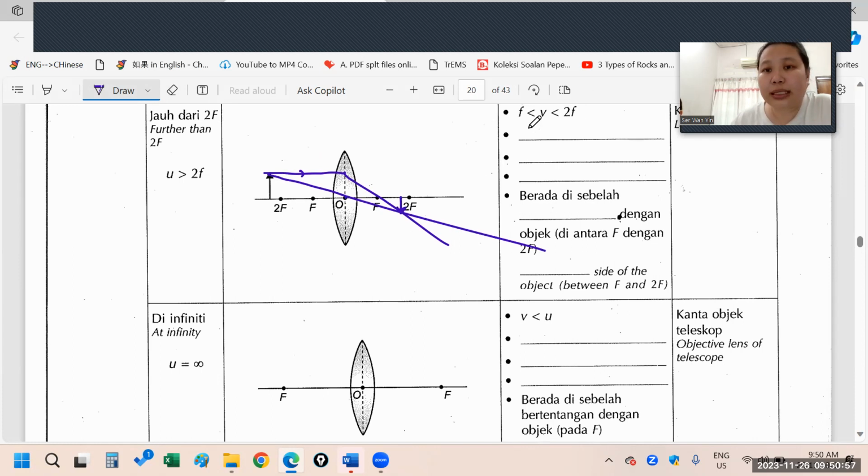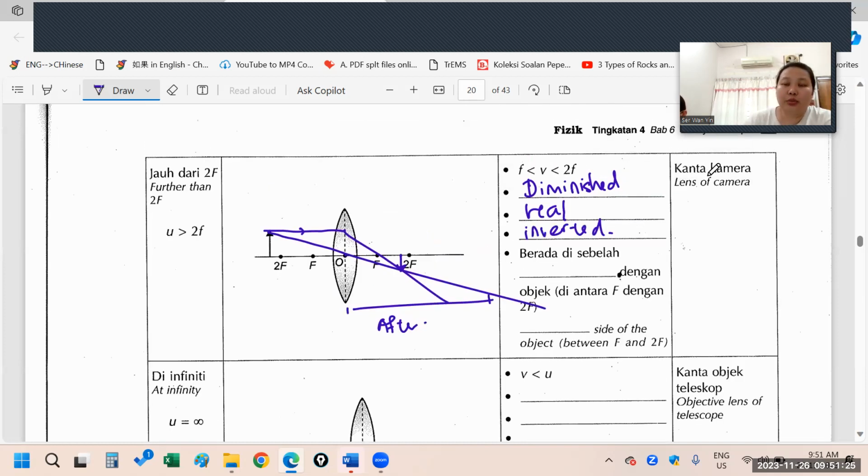Smaller, normally we say diminished. And this is real because it is after the lens, because the light goes through the lens. So normally it's real, inverted.